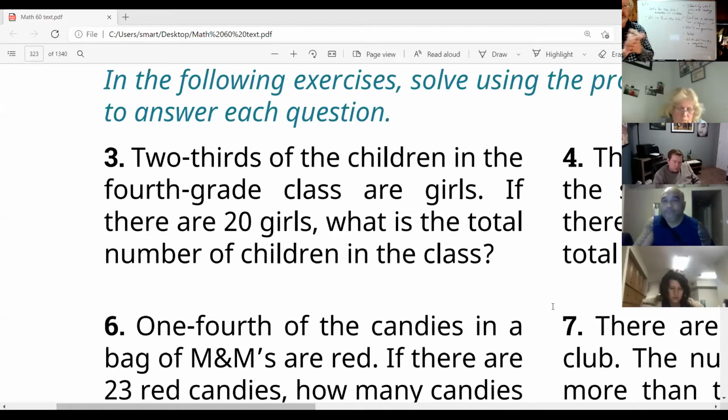Now that's kind of condensing, rearranging the story, but I can translate that just about directly into an equation. Remember the is or sometimes was is where the equal sign goes. So I'm going to say 20 equals 2/3 times x, 2/3 times the total. And there's a not too complicated looking equation.